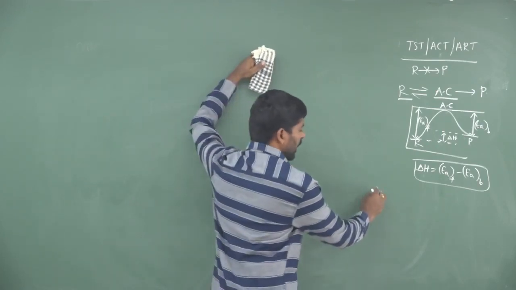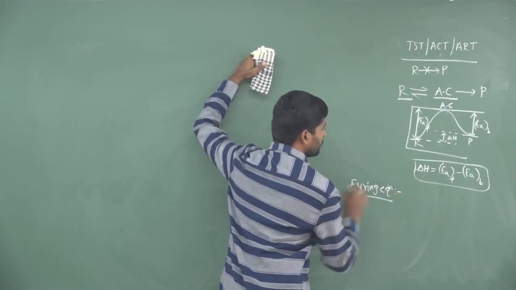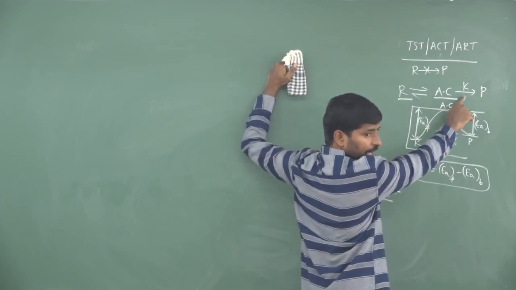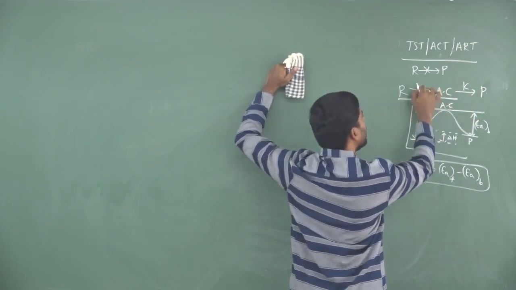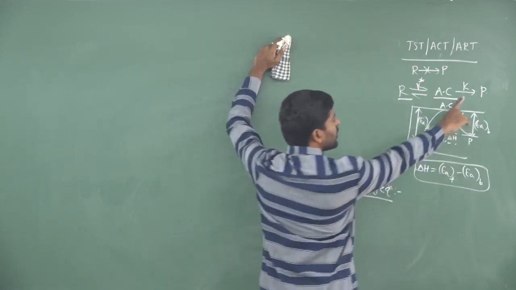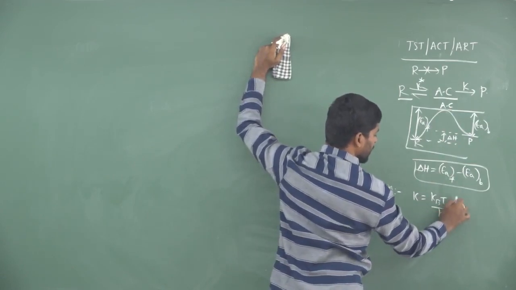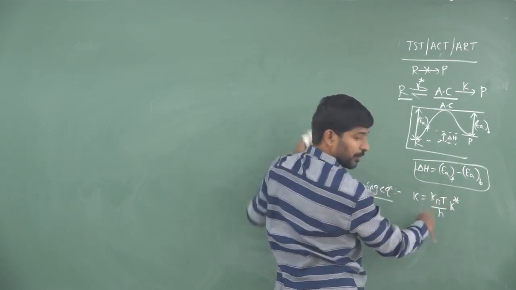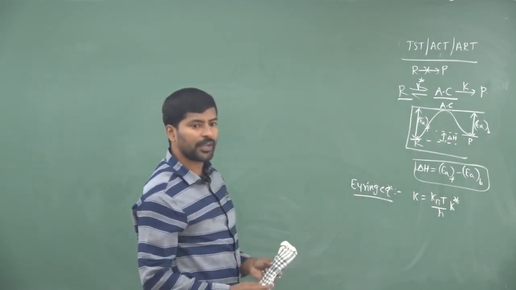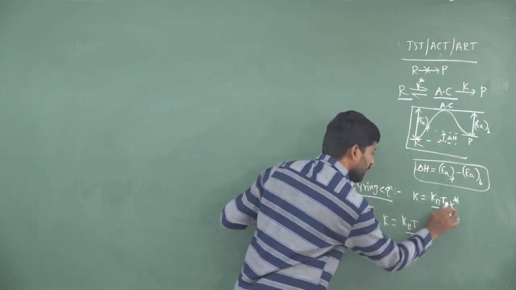Next one, the Eyring equation. If you consider the rate constant for this process as K and the equilibrium constant K star, then K is equal to kBT by h, K star.